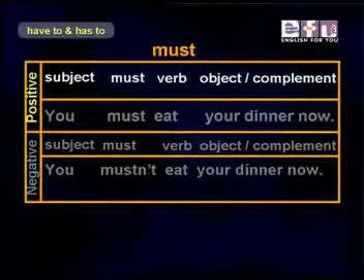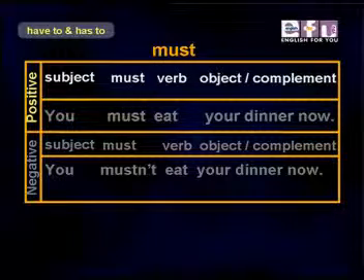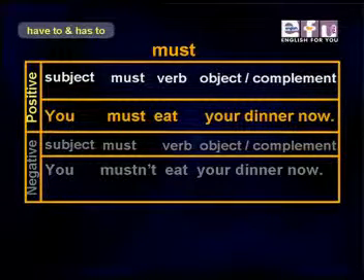Here is a chart to help you. First, let's look at must. In the positive form of must, we can say, you must eat your dinner now. So you can see in the positive, we start with the subject, then add must, then your verb, and then your object or complement.